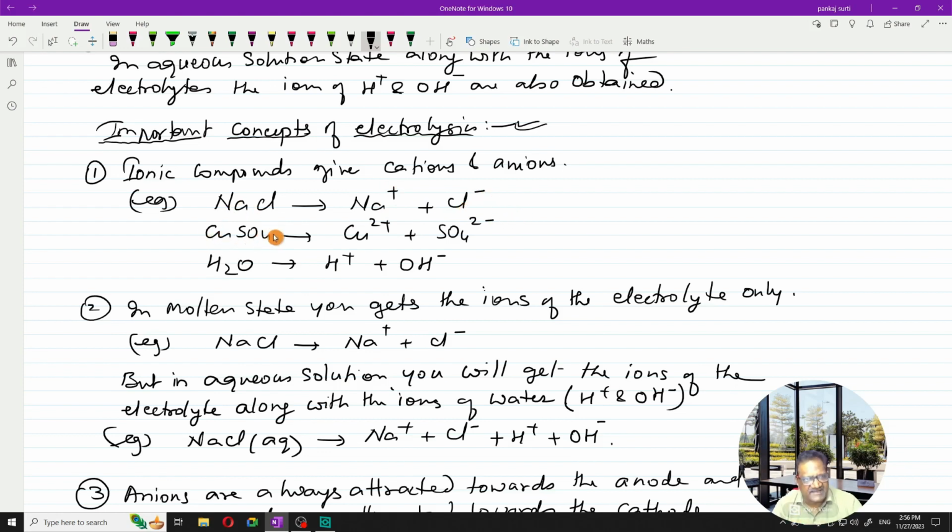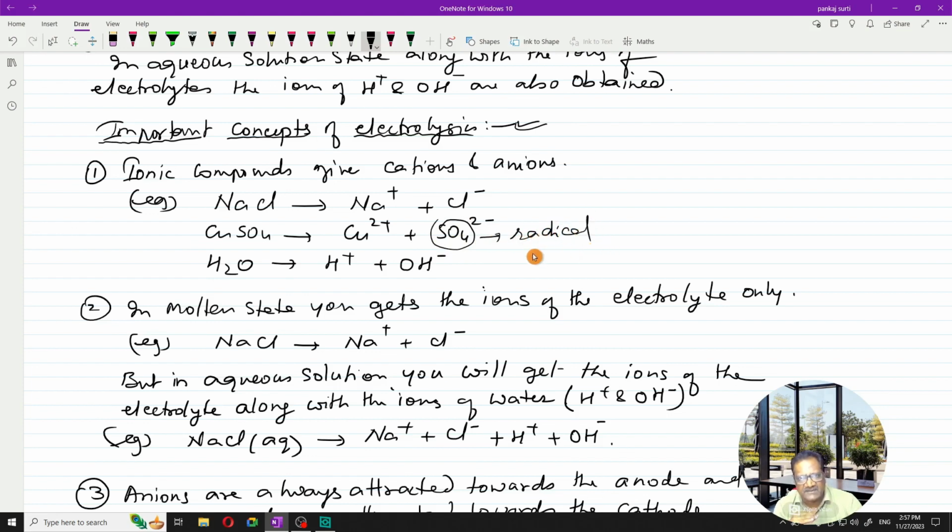Copper sulfate, again an example of an electrolyte, when decomposed will result in copper ions and sulfate ions. Copper ions will have two positive charge, sulfate ions will have two negative charge. Now sulfate is not technically an ion, it's a radical.